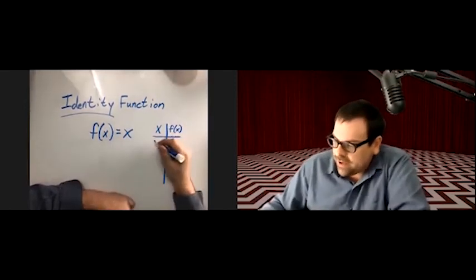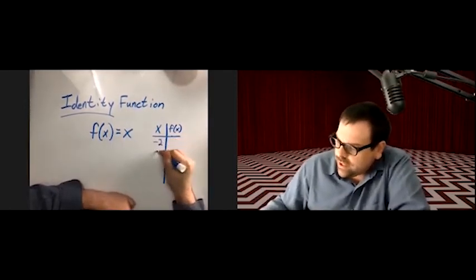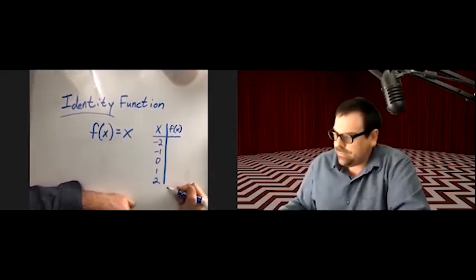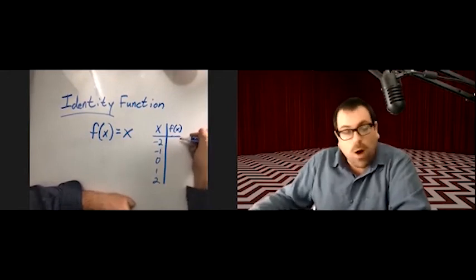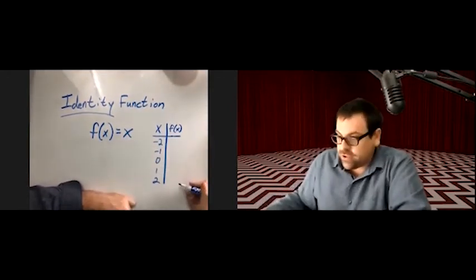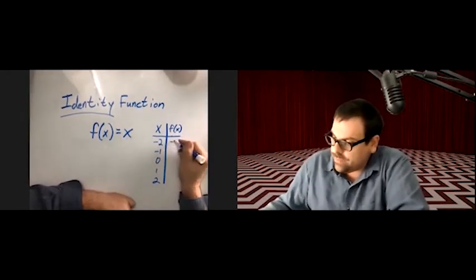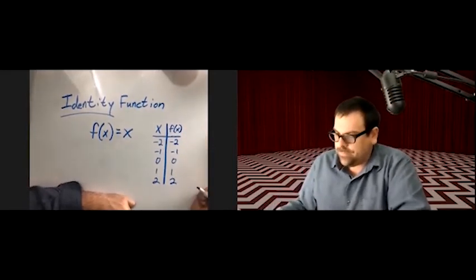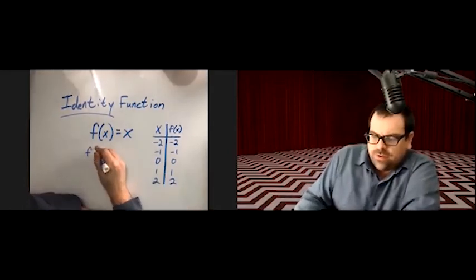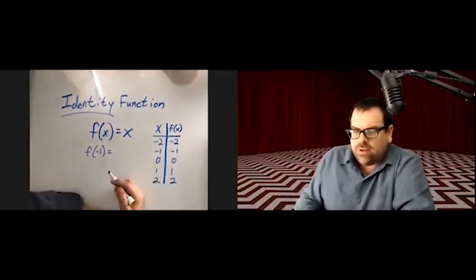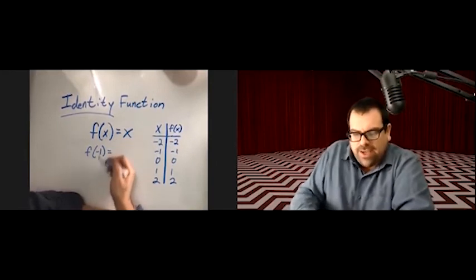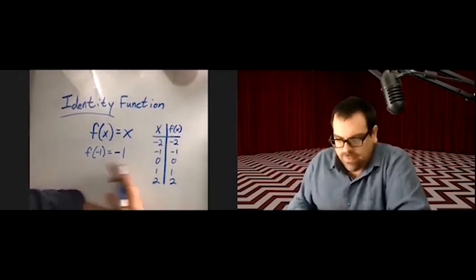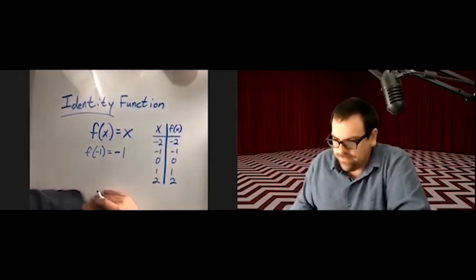If we had some x values, -2, -1, 0, 1, 2, the y values, the output of the function, would be itself. In other words, if we had f of -1, then we're plugging -1 in for x. When we plug -1 in for x, we get f of -1 is -1.